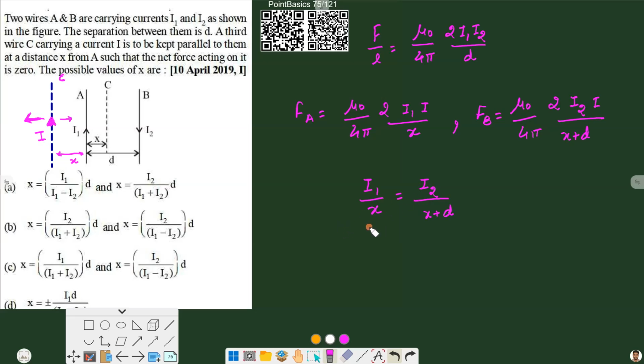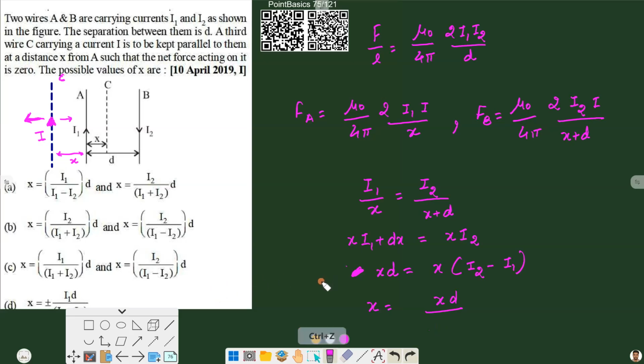So it will be x I1 plus dx is equal to x I2. So we can say x into d is equal to x of I2 minus I1, and value of x is xd by I2 minus I1. Okay, no, this can't be done in this way.